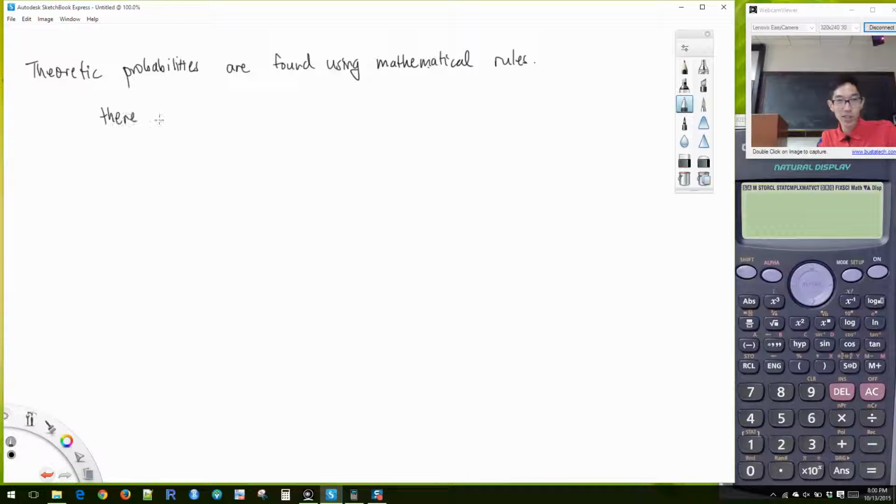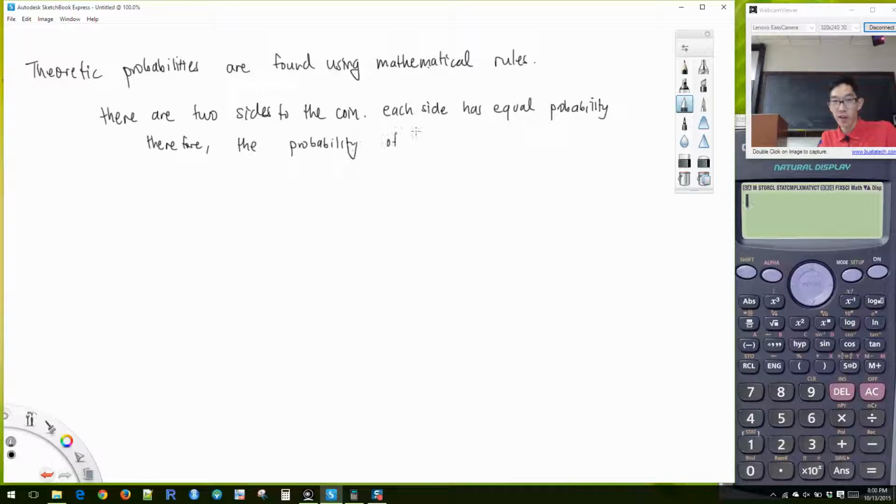Now, according to the mathematical rules of probability, we say something like, there are two sides to the coin, each side has equal probability. Therefore, the probability of heads is 1 out of 2, or 0.5.